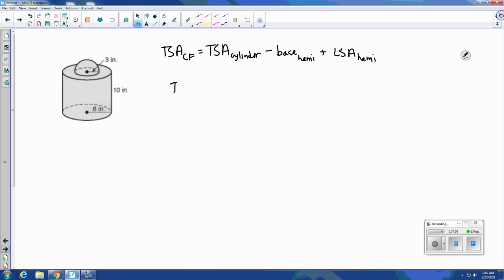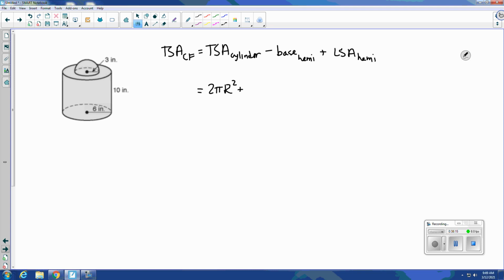So total surface area for the cylinder, we know is 2 circles. We'll use capital R to make sure we plug in that 6, so 2 pi R squared plus, so there's 2 circles and then that rectangle that comes about when you unfold that piece.